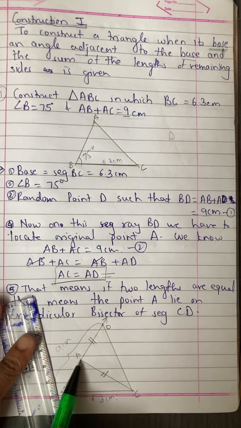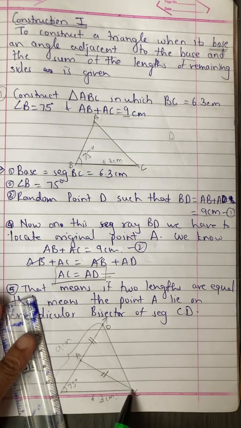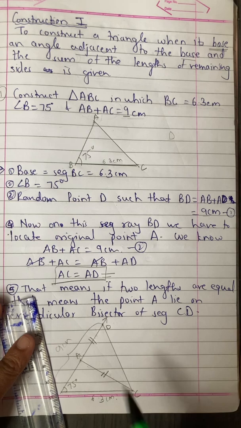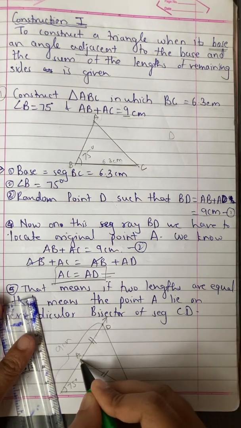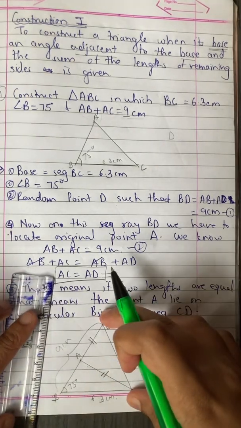Once these two lengths are equal, point A becomes the point which lies on the perpendicular bisector of segment CD.